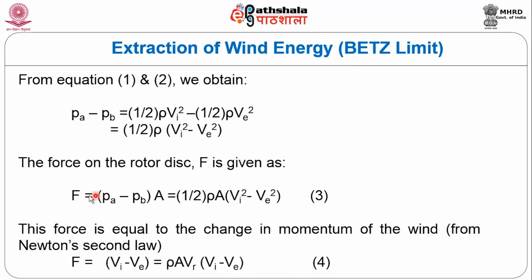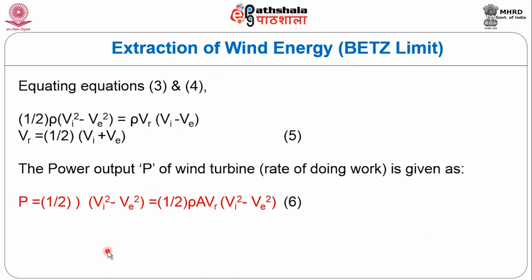We arrived at equation number 3, which is also force, and equation number 4 is also force based on Newton's second law. Now we are equating equations number 3 and 4, since both are force, and we get V suffix R equal to half of V I plus V E, that is equation number 5.